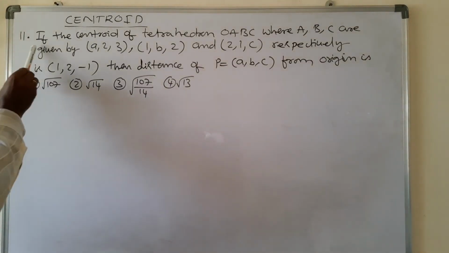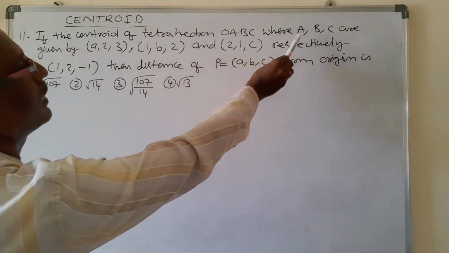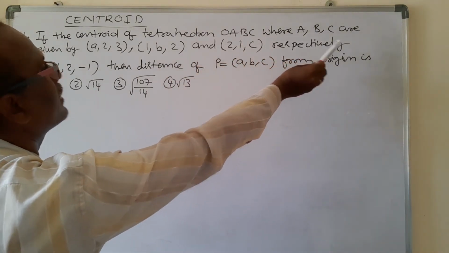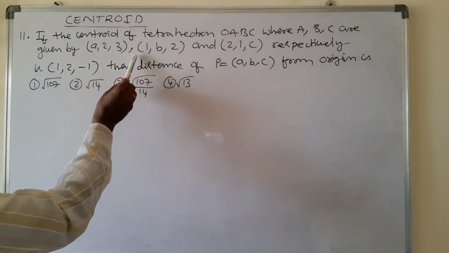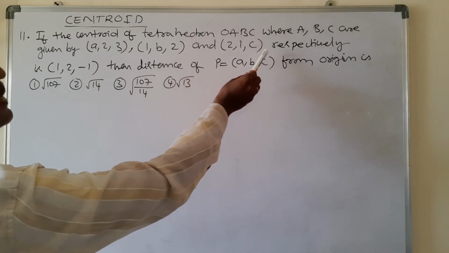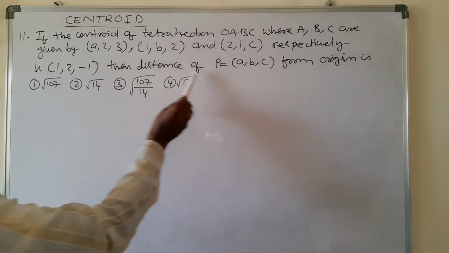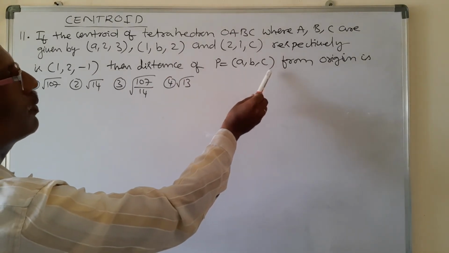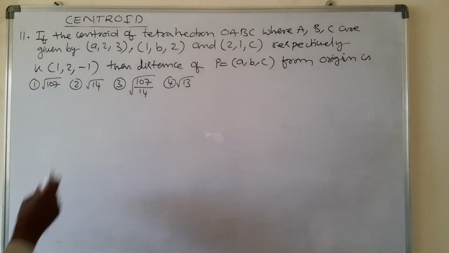Problem number 11. If the centroid of tetrahedron OABC, where A, B, C are given by (a, 2, 3), (1, b, 2) and (2, 1, c) respectively, is (1, 2, -1), then the distance of P equal to (a, b, c) from the origin is; here the four options are given.